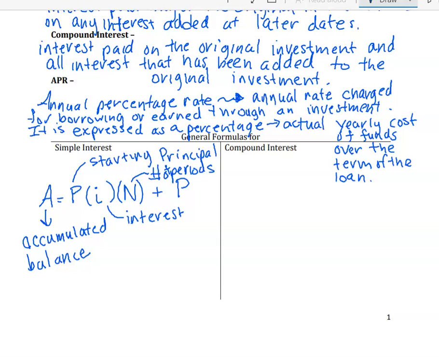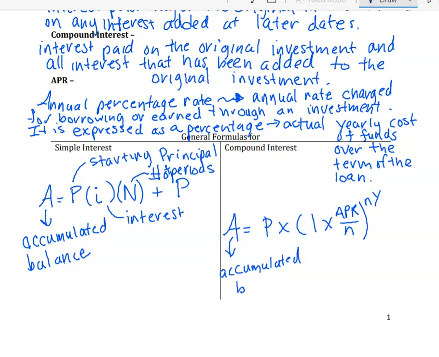To calculate compound interest, we're going to have A is equal to P times (1 plus the APR over N), and then we're going to raise this to a power of N times Y. A again is the accumulated balance. P represents the principal.